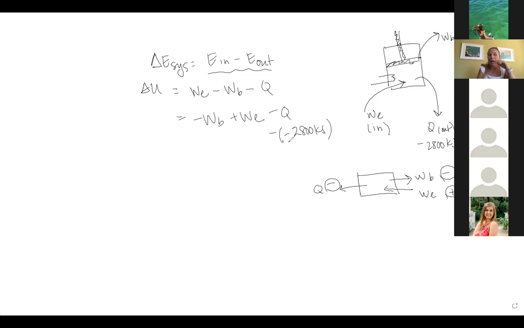I don't need to include that again. So I really am just including my negative heat. I know my heat here is 2,800 kilojoules, and I just plug it in because at the beginning, I've already worked out these negatives and positives. Does that answer the question? Is that still kind of unclear? I understand. Thank you. Okay, yeah.